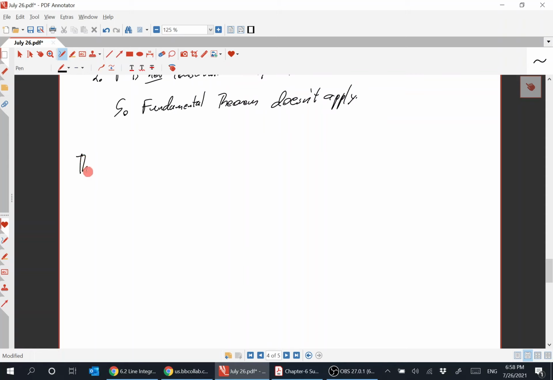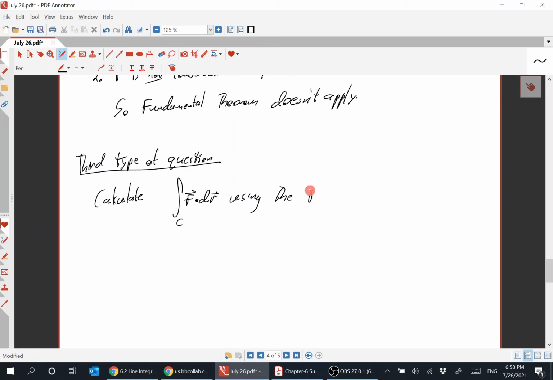So a third type of question: calculate the line integral over C of f dot dr using the fundamental theorem.